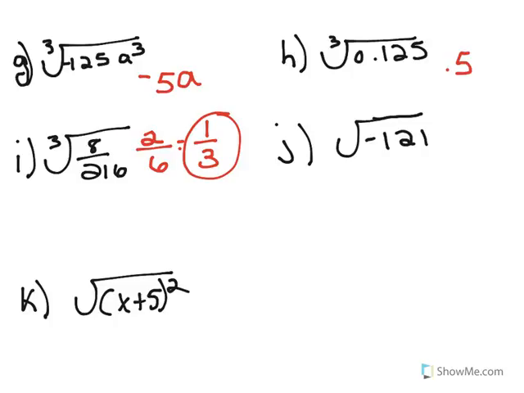J, what times itself gives us 121, or negative 121? Take a look at J. Basically what this is saying is that negative 11 times negative 11 should give me negative 121.